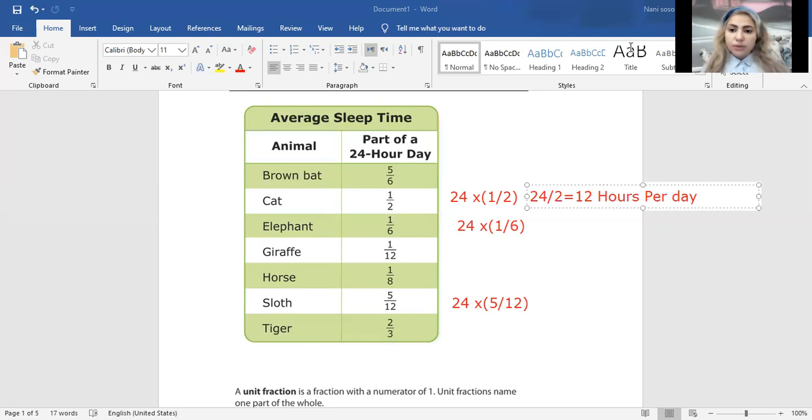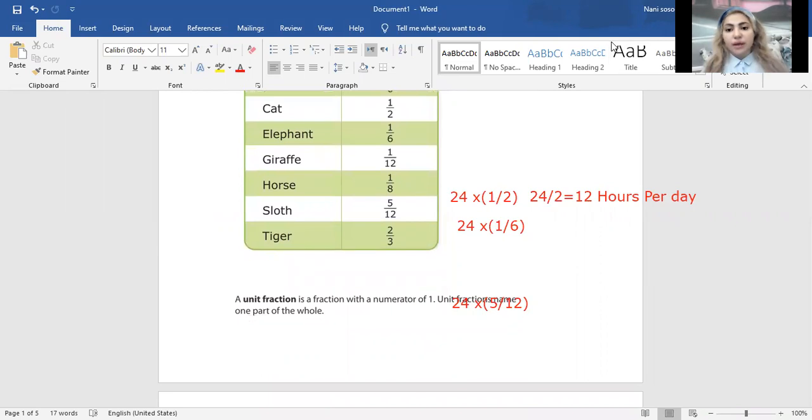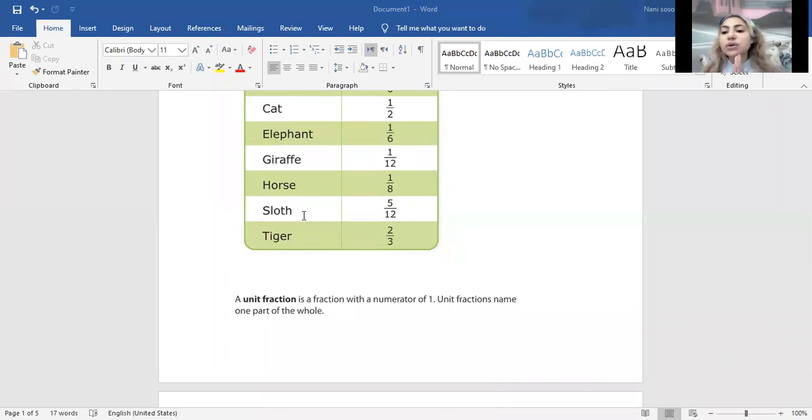Okay, let's go back to the next concept I want you to revise with me here: a unit fraction. Who will tell me, my lovely grade 5 girls, what is a unit fraction? I want you to think. Pause the video and write your answer first.